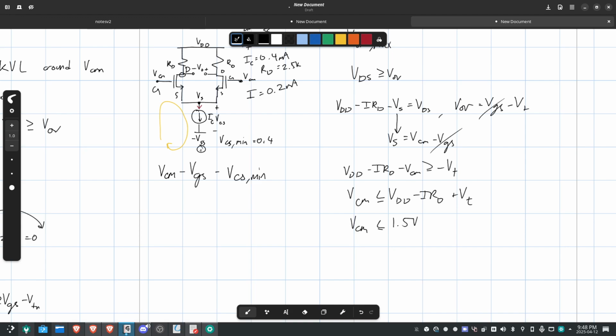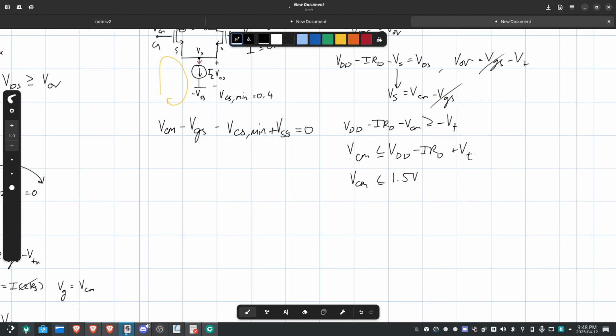So this would actually be a voltage source like so. We exit out the positive end, so we add here is equal 0. So we isolate for VCM as always. It's going to be VGS plus VCS minimum minus VSS.